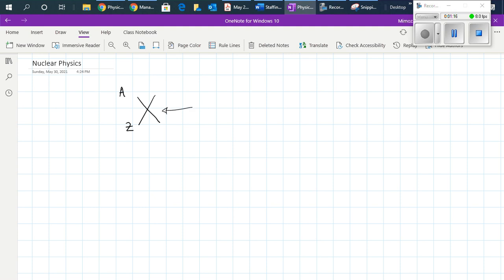If X represents the symbol of the element on the periodic table, Z will represent the number of protons, and A will represent the number of protons and neutrons, which is known as the atomic mass number.